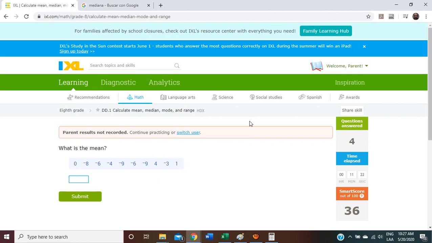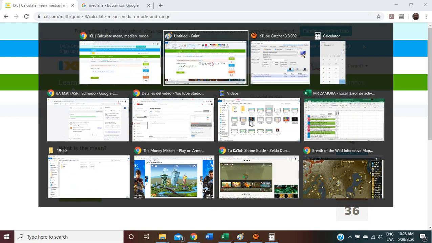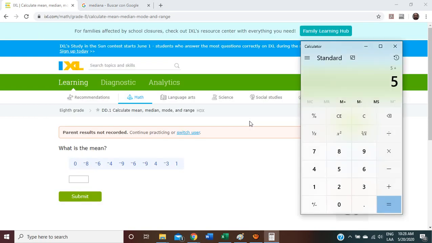All right, what is the mean? Okay, remember the mean is our average. All right, so here I am going to use the calculator. So it's 0 plus minus 8.